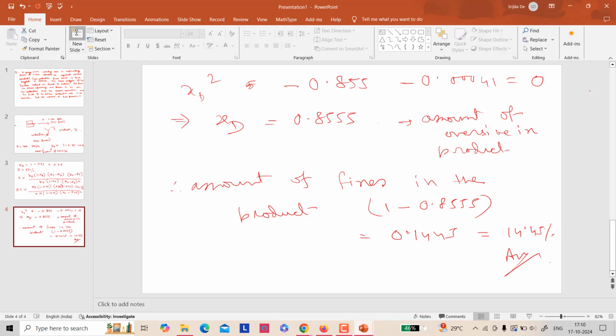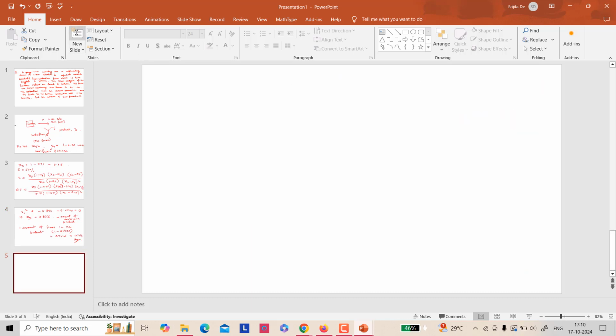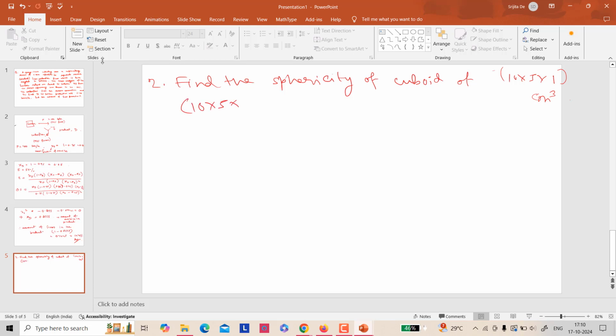So find the sphericity of a cuboid of 10 by 5 by 1 centimeter cube.